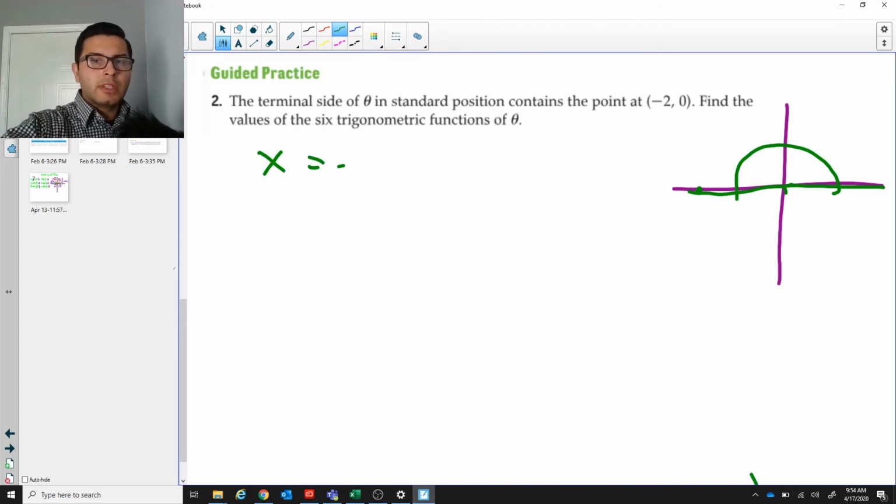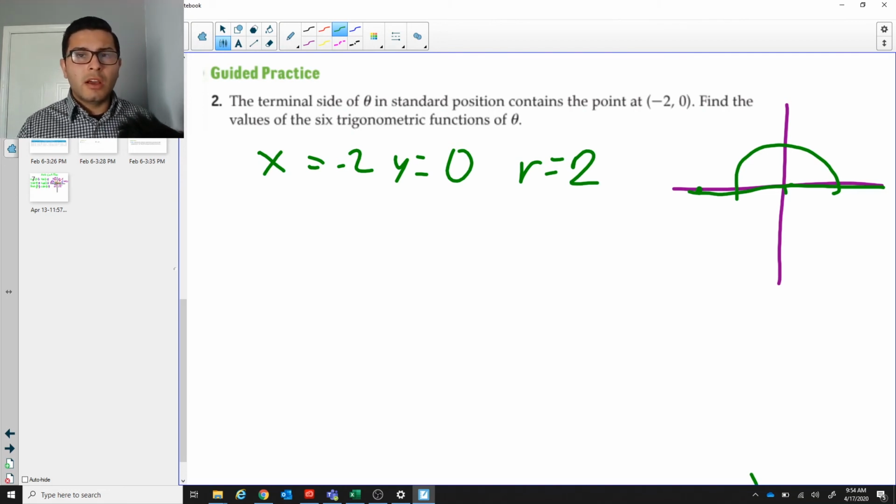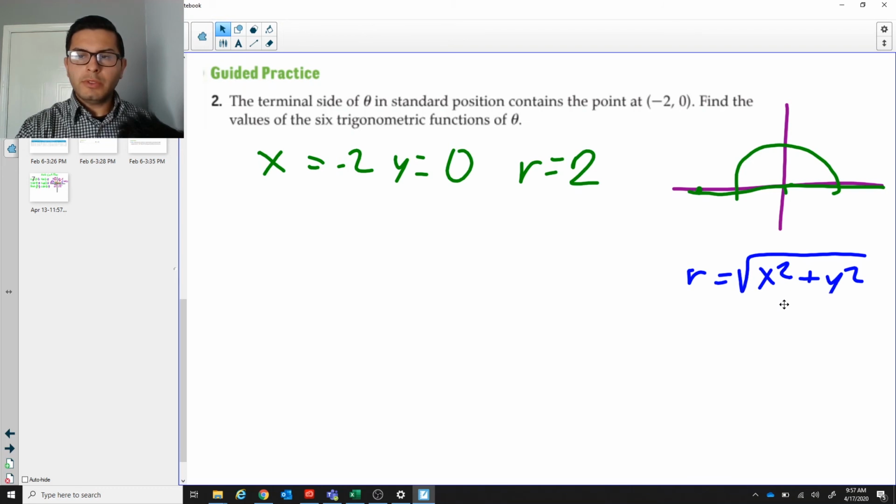X equals -2, y equals 0. Now, as we figured out already, our r value should just equal 2, the positive representation of our x value. But we could figure that out with our Pythagorean theorem anyways if we needed to. So that's going to be r equals the square root of x squared plus y squared.